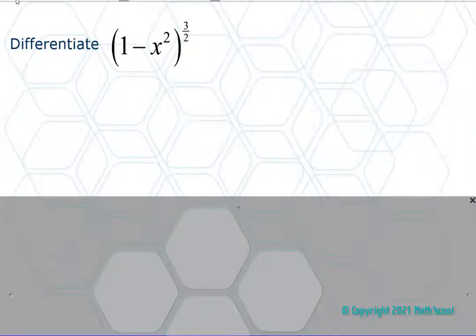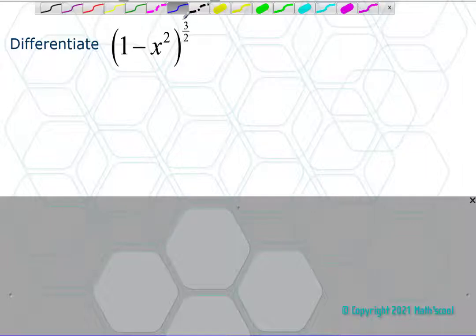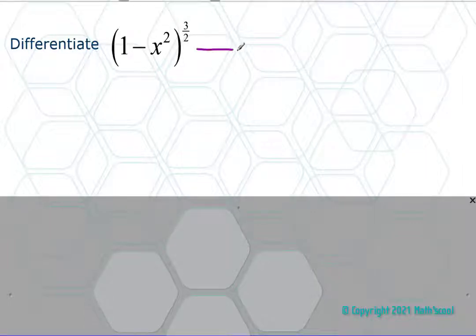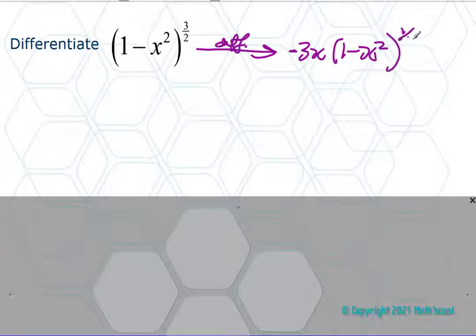Okay, so again they're asking us to differentiate something, so we're going to start off by differentiating that. So that's going to give us the 3 over 2 multiplying the minus 2x, which is the differential of that. So that's going to give me minus 3x (1 minus x squared) to the power of a half.